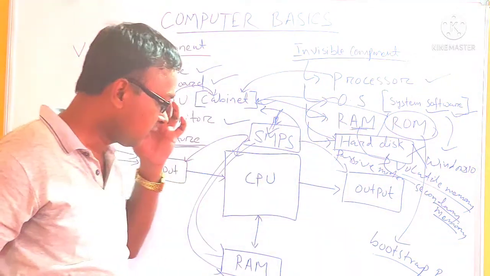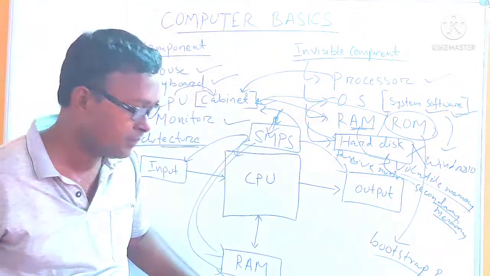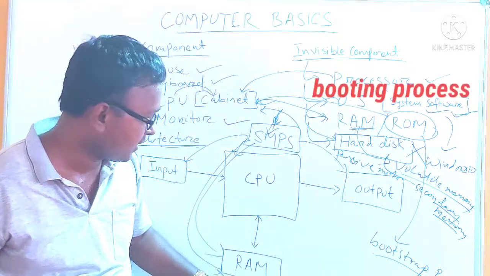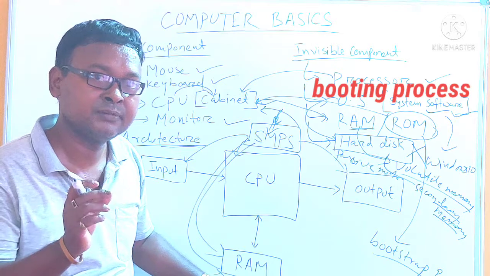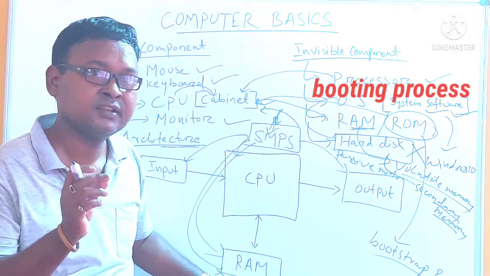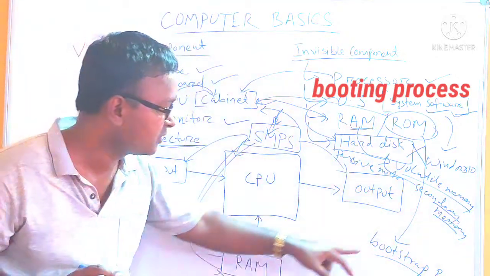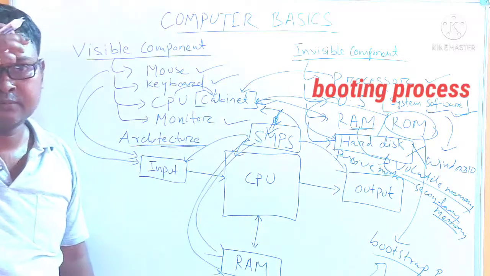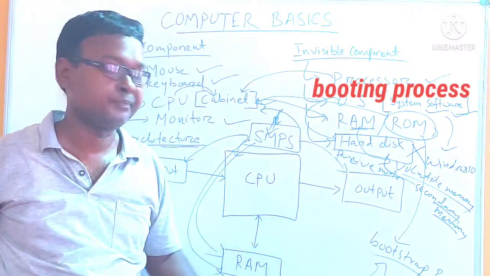As I told you in the beginning, the ROM is a read only memory. The size or capacity of the read only memory is very small, and it stores the bootstrap program.